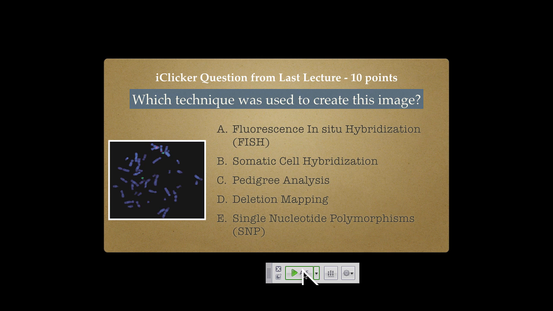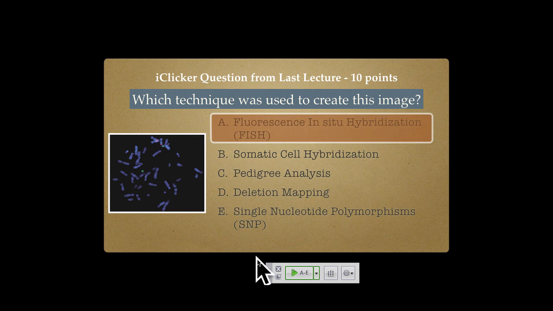So this is obviously what? This is fluorescence in situ hybridization. This is a very widely used technique. In this case, the chromosomes are prepared under conditions where you can still see the morphology of the chromosomes.